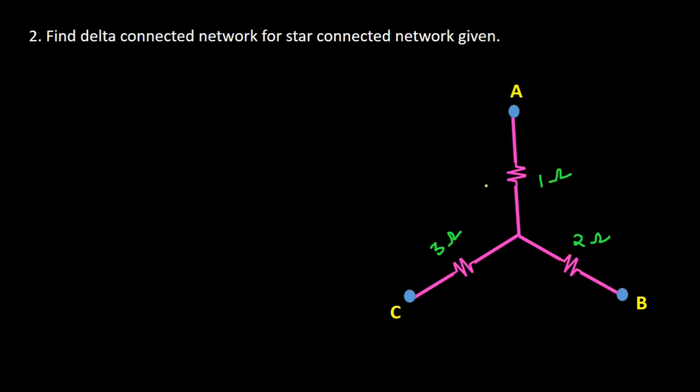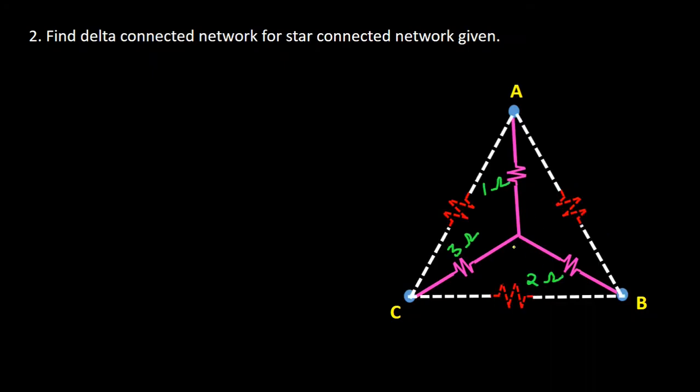So here the star connected network is given. For this we have to find the equivalent delta connected network. For this we draw one delta connected network outside this star connected network like this. Let this be resistance R1, this is resistance R2 and resistance R3, which we have to find out.